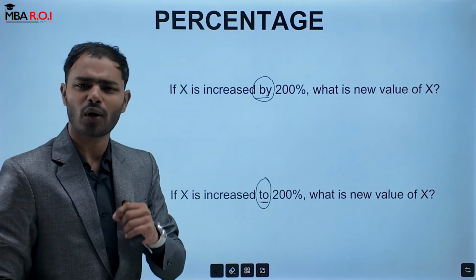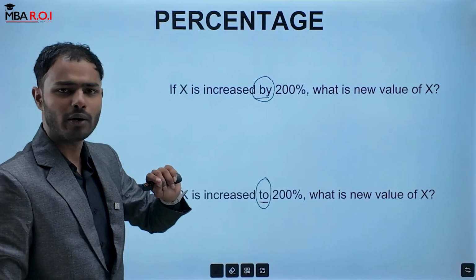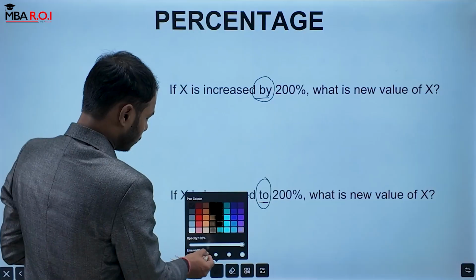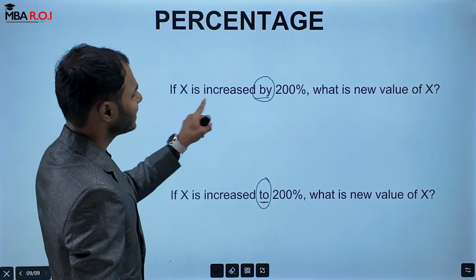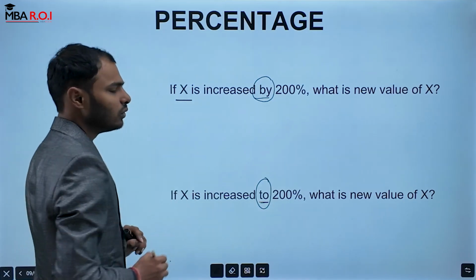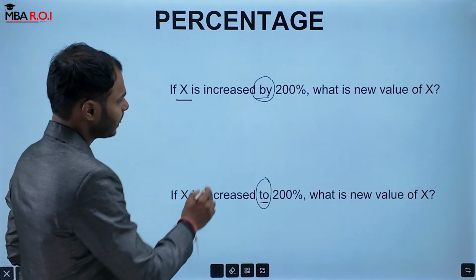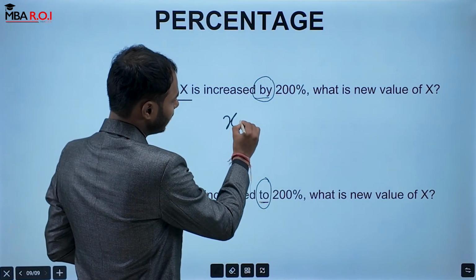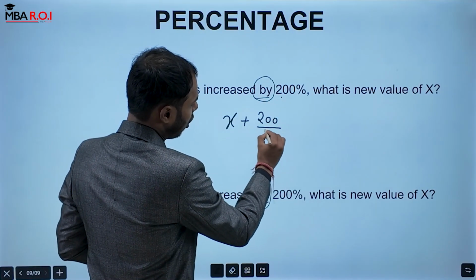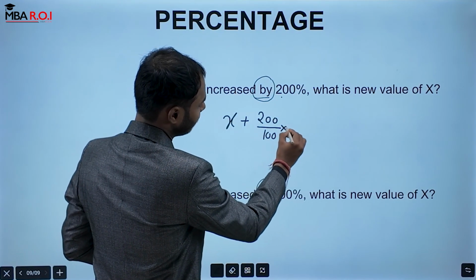So you have to be very careful dealing with these types of questions. So how are we going to solve them? Let's talk about the first question, where you have this increased by. Whenever you have increased by, in the initial value, which in this case is x, we are going to add 200% of the initial value.